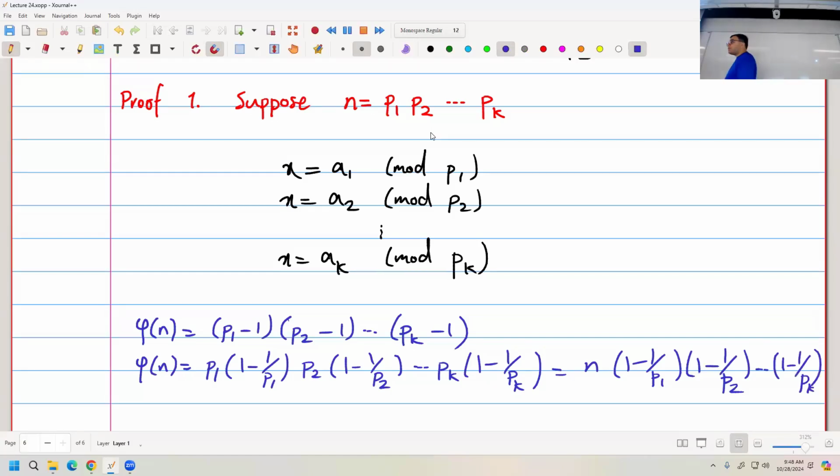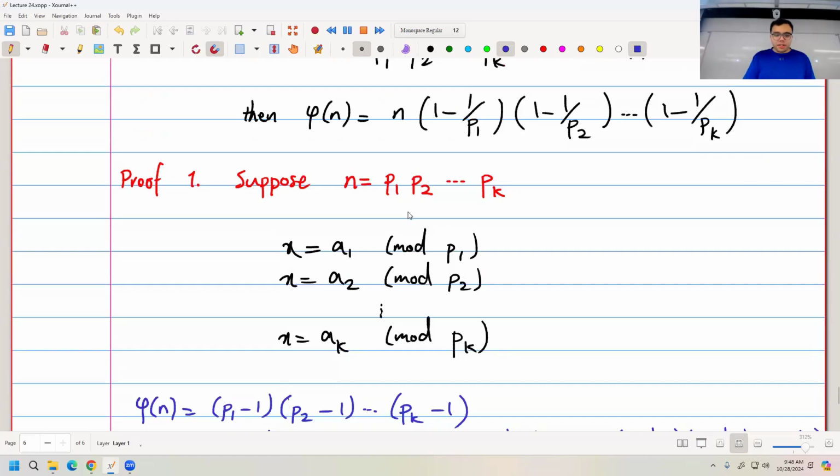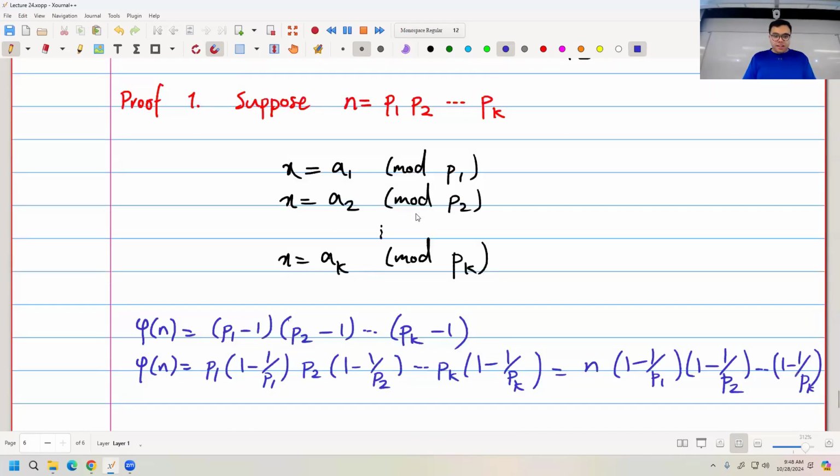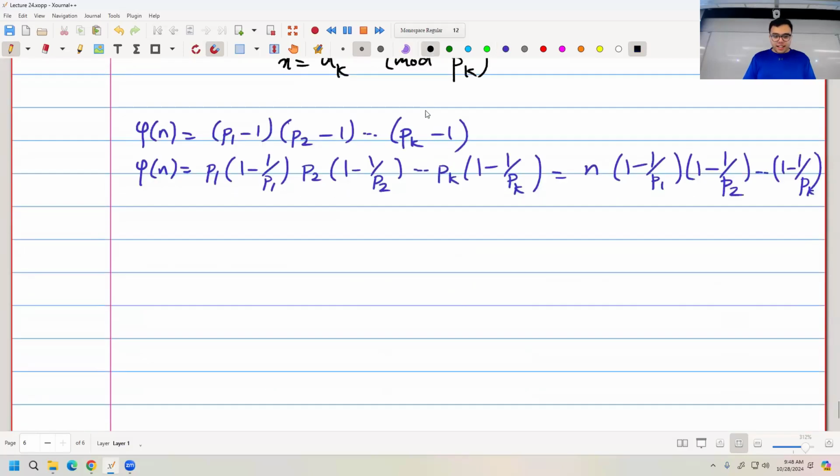So we proved the theorem for the special case where every prime appeared with a unit power. But now let's say that it doesn't appear with a unit power. So let's say that n is p1 to the power of alpha 1, p2 to the power of alpha 2, and so on to pk to the power of alpha k.